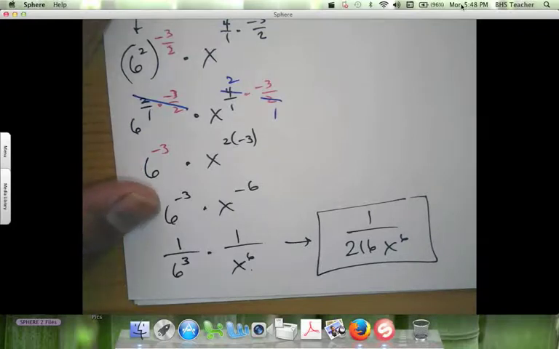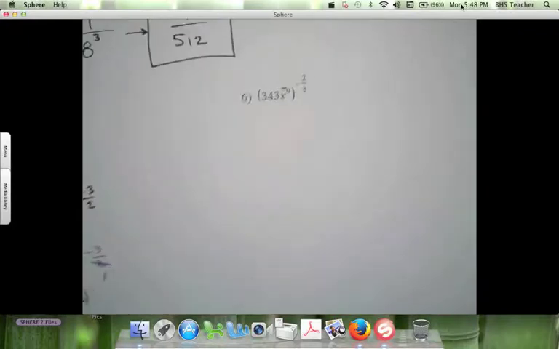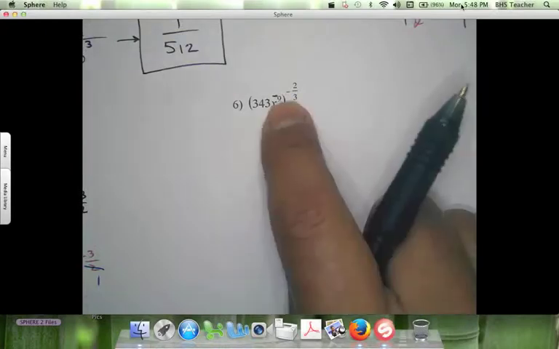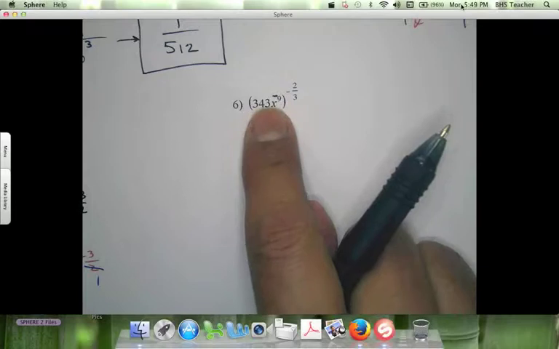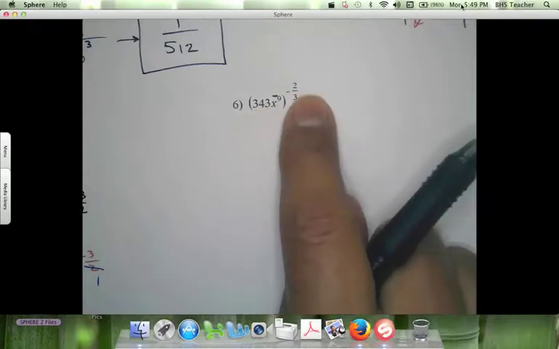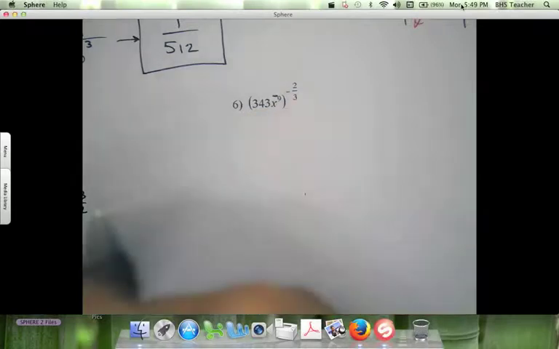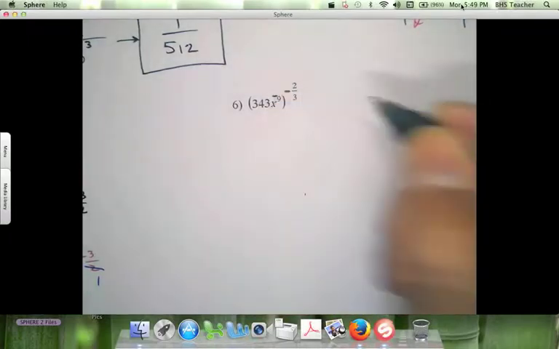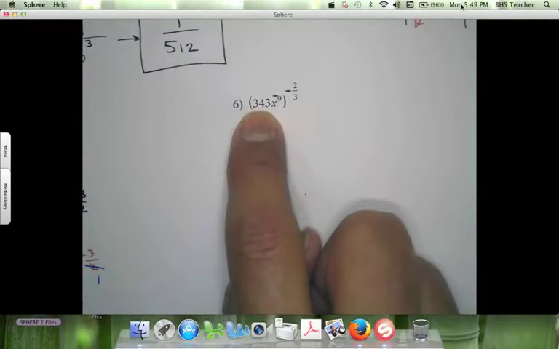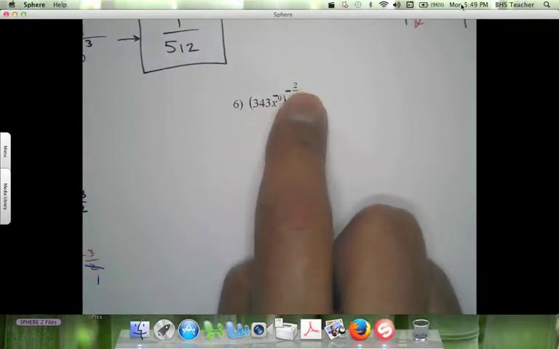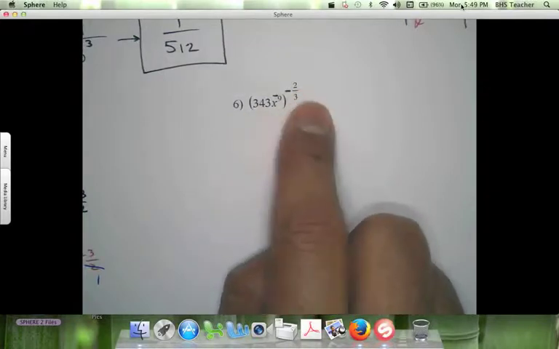Okay, last one, number 6. And here I added a negative on that 9. We got a negative exponent here, a power, and a negative one out there as well, right? Okay, well, you work with the number and the exponent one way, and you work with the variable and the exponent almost in a similar way.